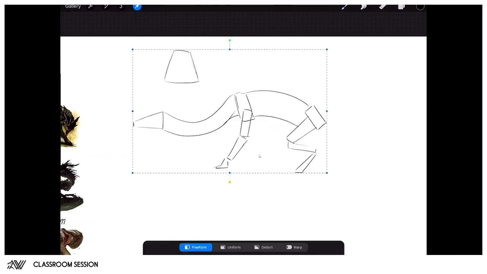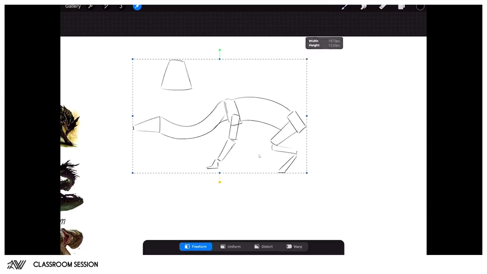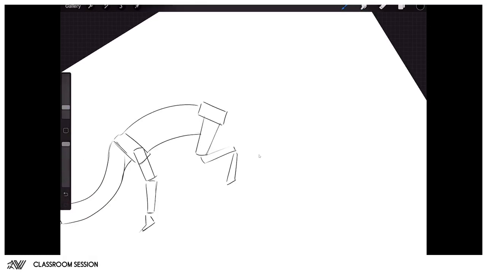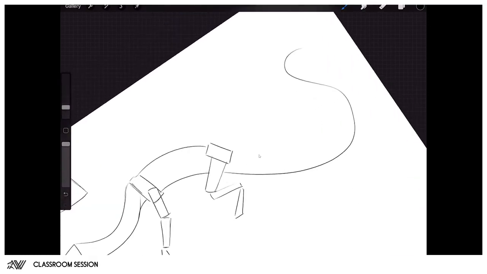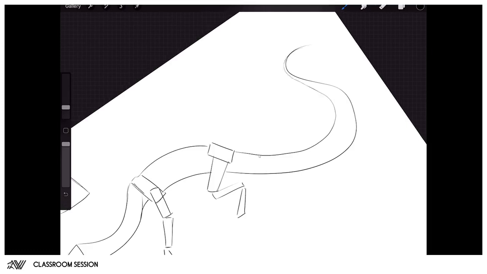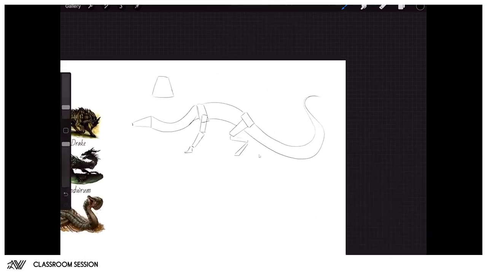And by now, your dragon should look like a very weird dog, right? And then we continue with the tail, which is usually like a 50-50 division. So we have 50% dragon body and then 50% tail, but you can vastly exaggerate this.